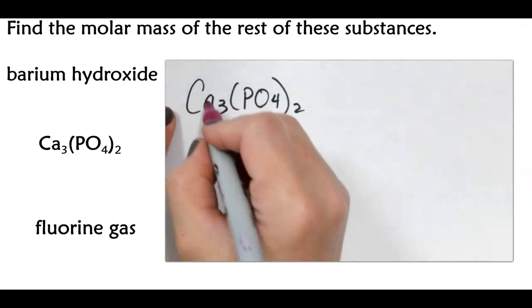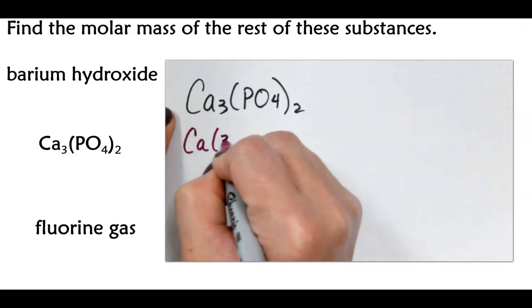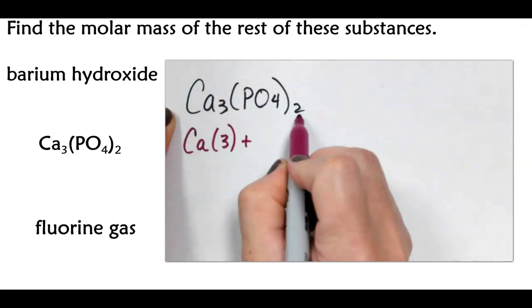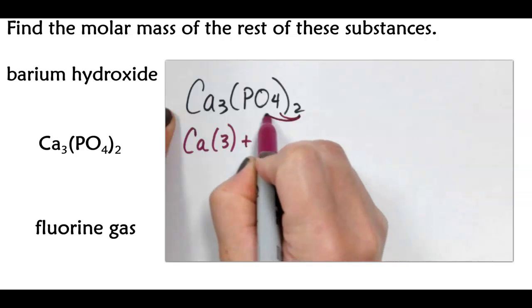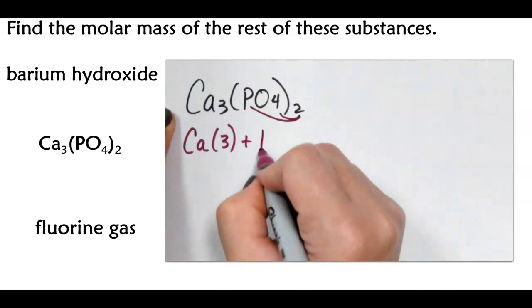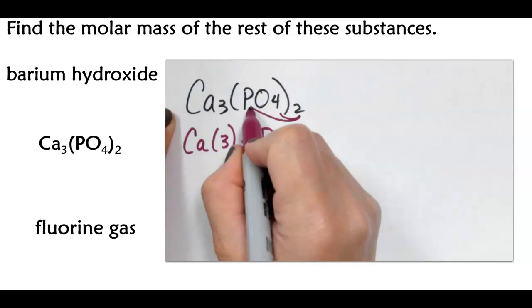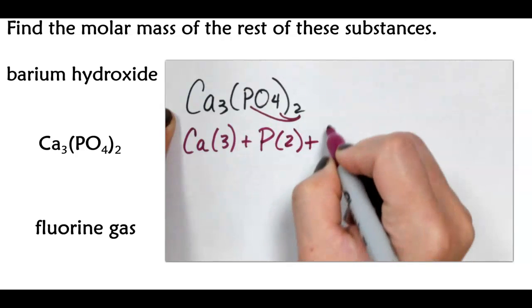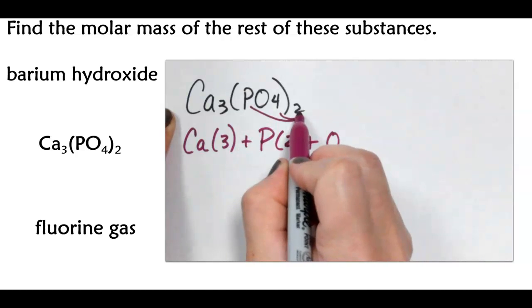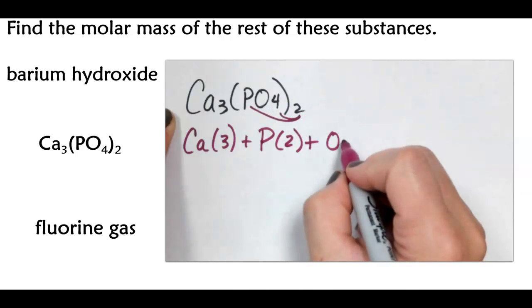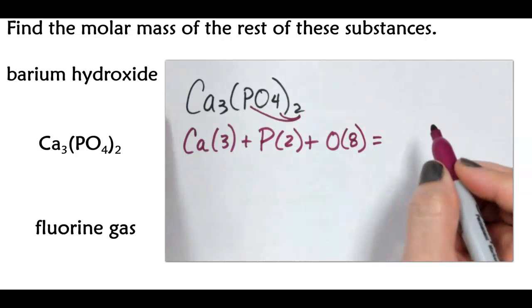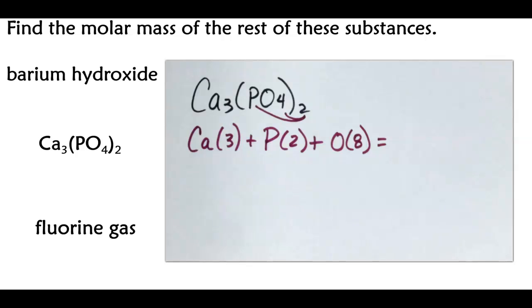For calcium phosphate, we're going to take calcium times 3 plus this 2 only distributes into the parentheses, so we're going to say phosphorus times 2 times 1 is 2 plus oxygen times 2 times 4 is 8, so it's oxygen times 8, and that'll give me my molar mass.